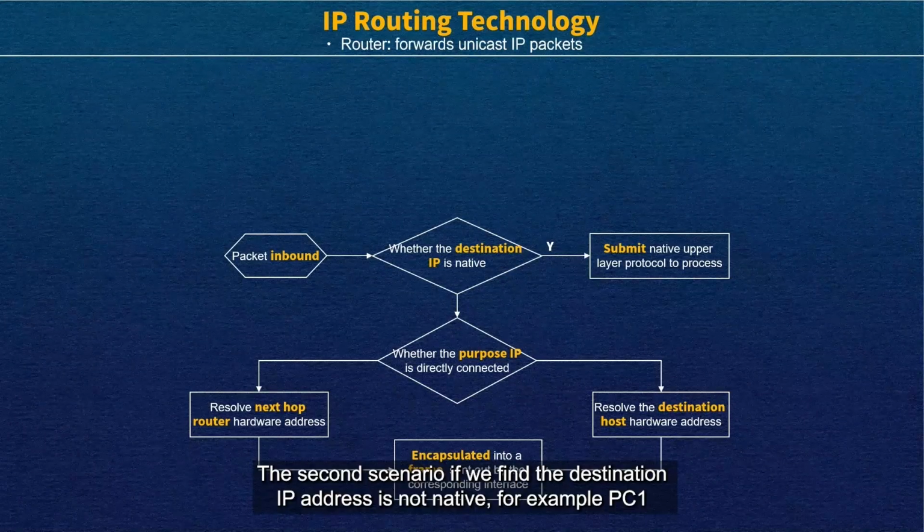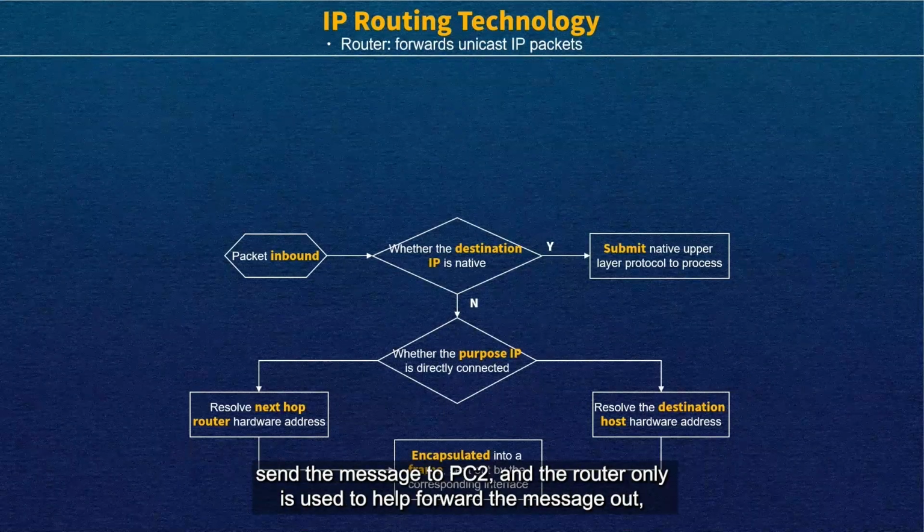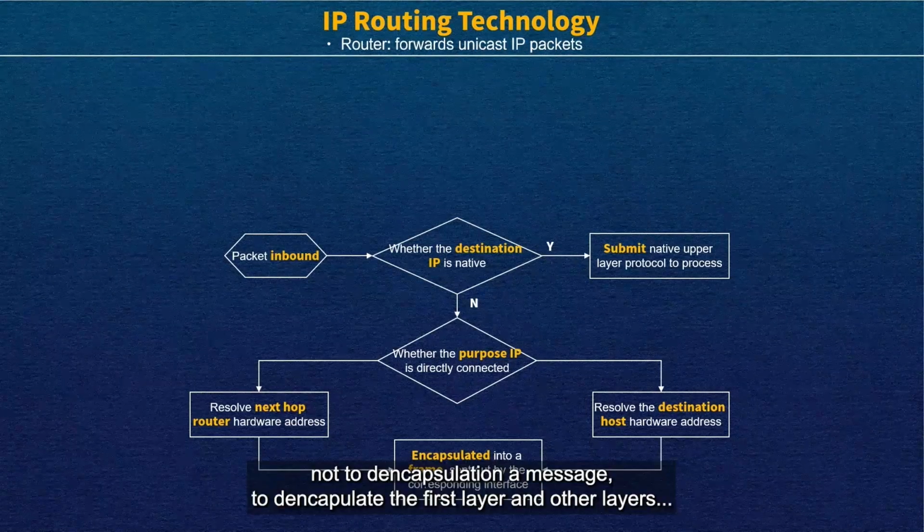The second scenario: if we find the destination IP address is not native, for example, PC1 sends a message to PC2, the router is only used to help force the message out, not to de-encapsulate the message at the next layer or the third layer.